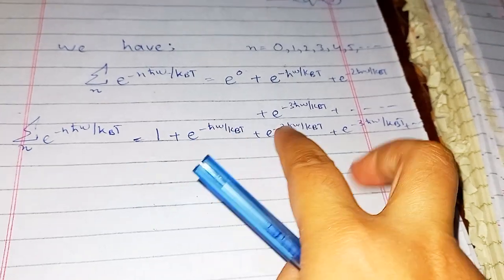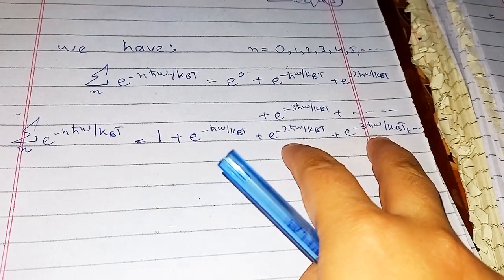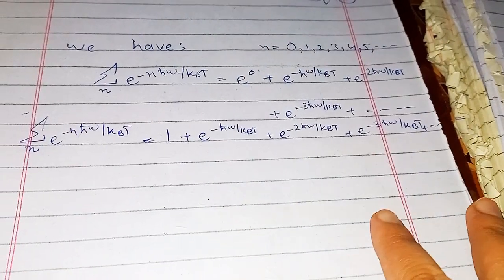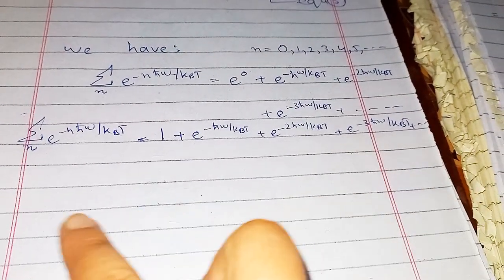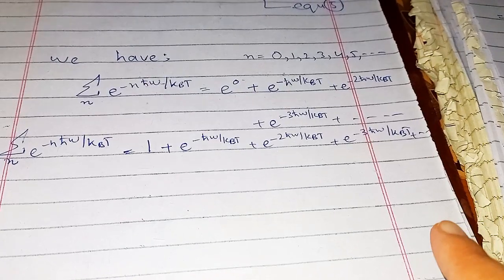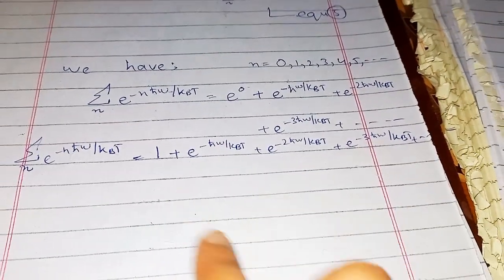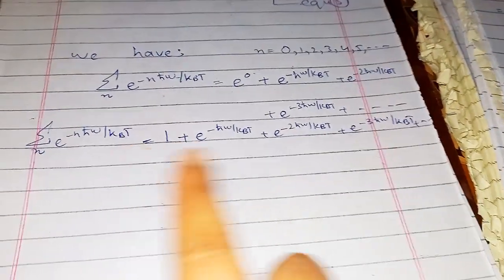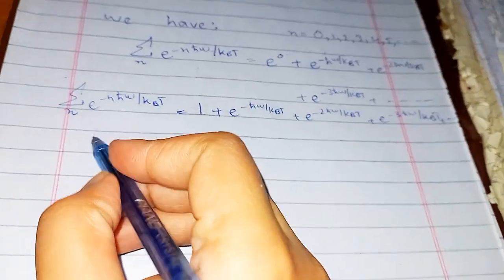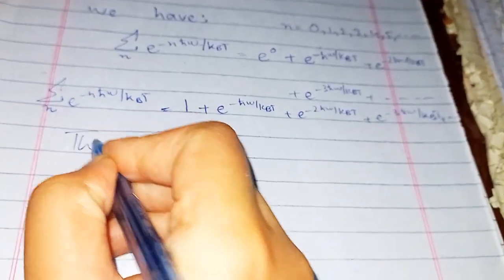Whenever you divide two consecutive terms in that series, the ratio will remain the same throughout. It doesn't matter at which point of the series you find the ratio of two consecutive terms, the ratio will remain the same. You can test it out.